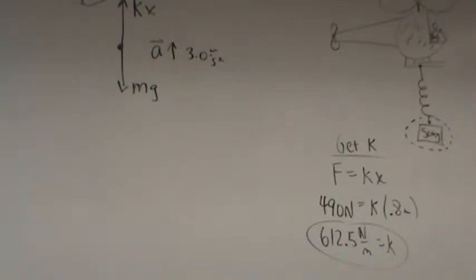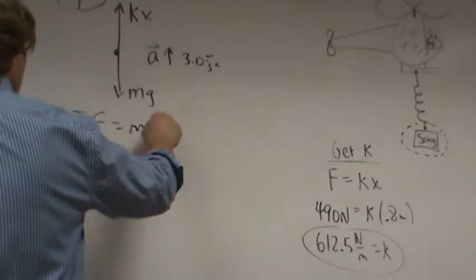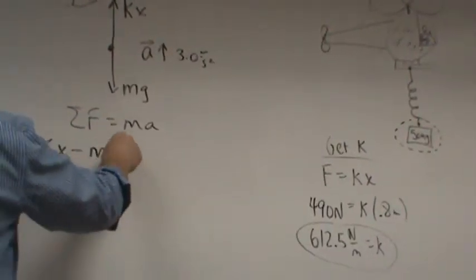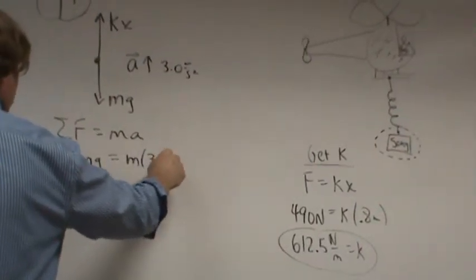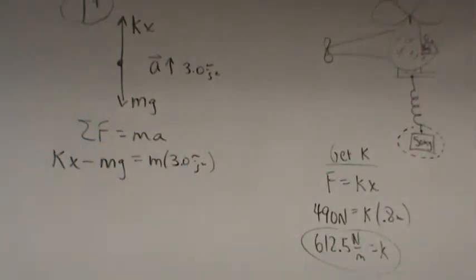And now I'm going to do sum of the forces equals ma. I got Kx up, I got mg down, and I got an acceleration of 3.0 meters per second squared. So now I'm going to plug in.